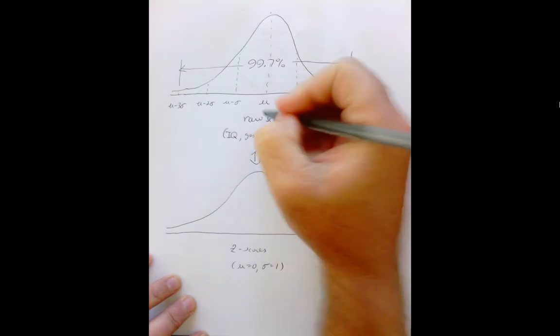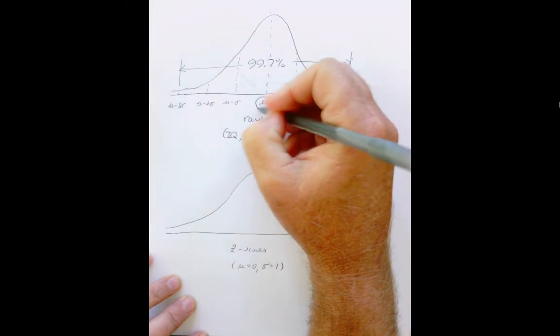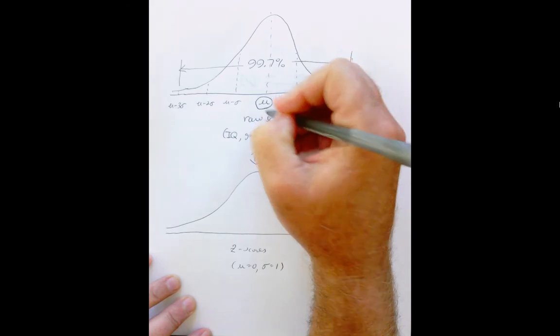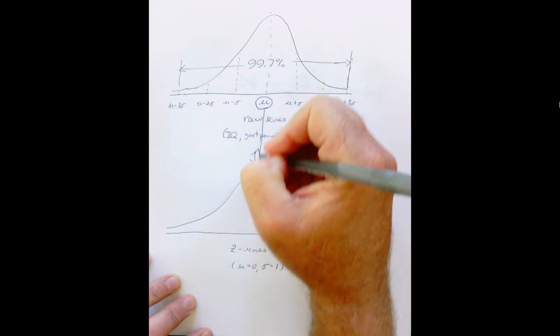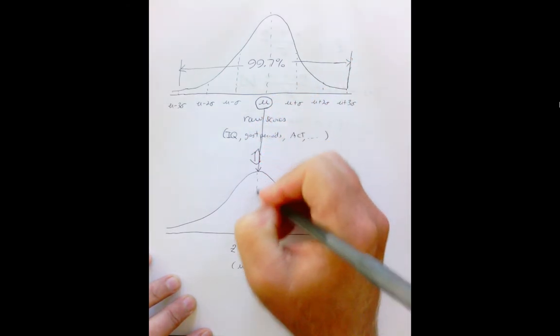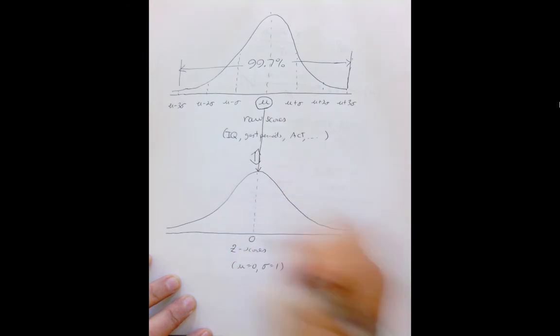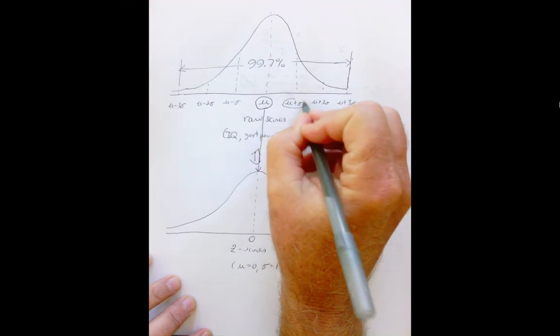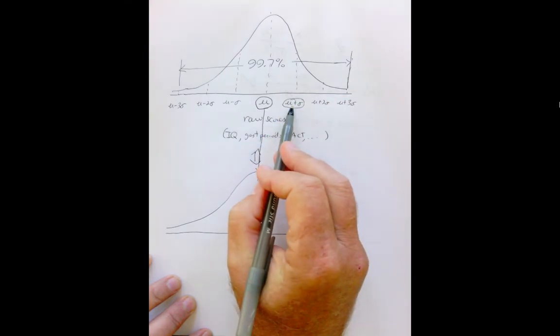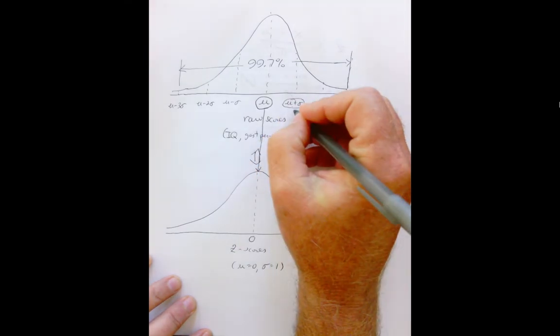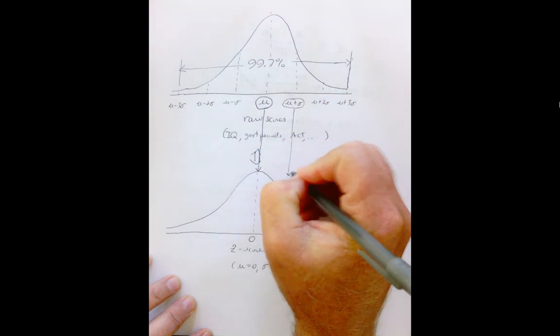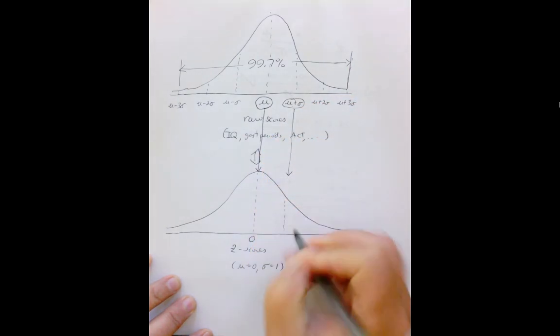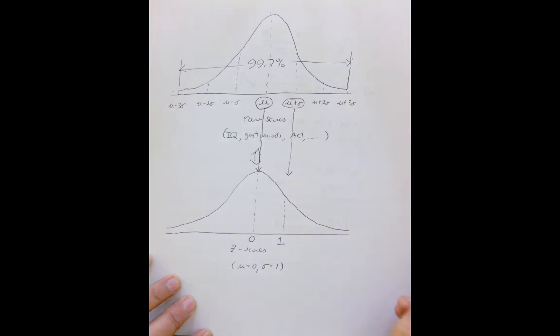So whatever score represents the mean, it's going to be mapped to a z-score of 0. Any score that represents 1 standard deviation above the mean is going to be mapped to a z-score of 1, because a z-score is precisely that.